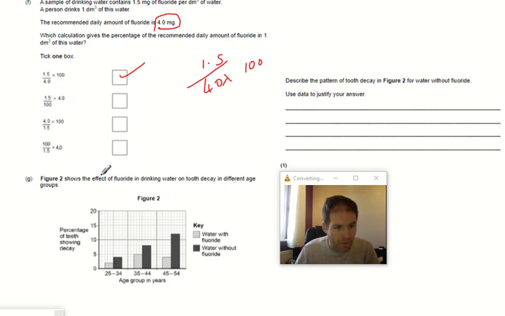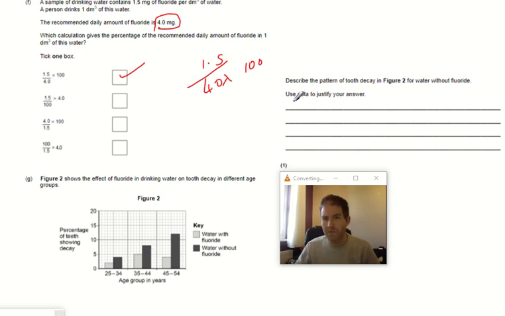Figure 2 shows the effect of fluoride in drinking water on tooth decay in different age groups. Water with fluoride, water without fluoride. Percentage of teeth showing decay. So in every age group there are more people showing decay without fluoride. Describe the pattern.